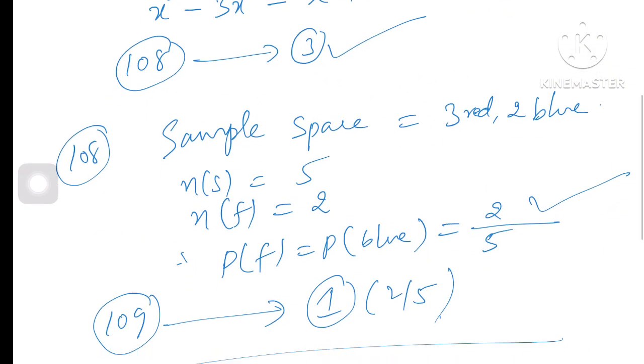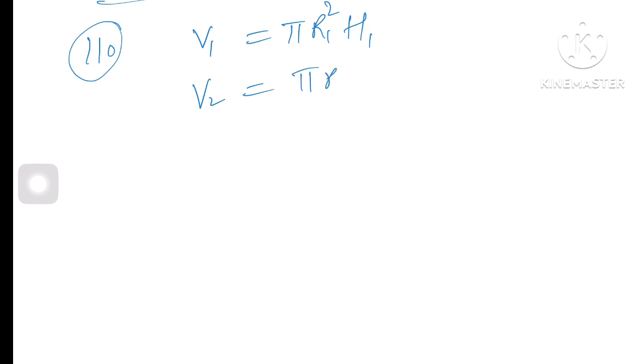Let's discuss this question. Volume of two cylinders, that is V1 is equal to pi R1 square H1, V2 is equal to pi R2 square H2.